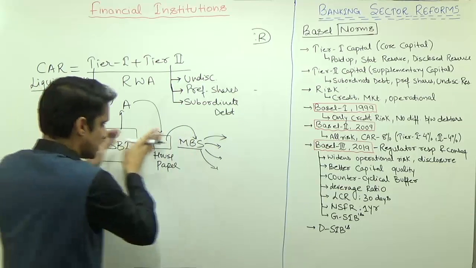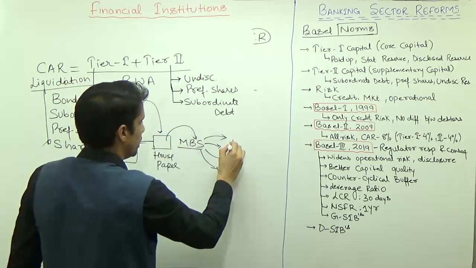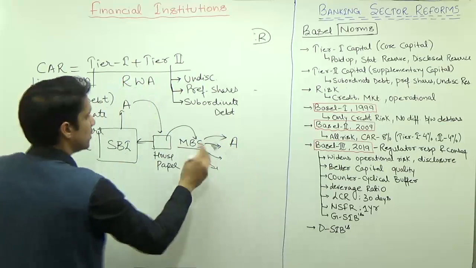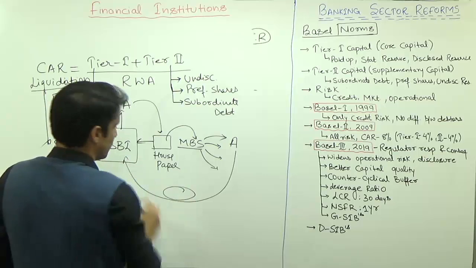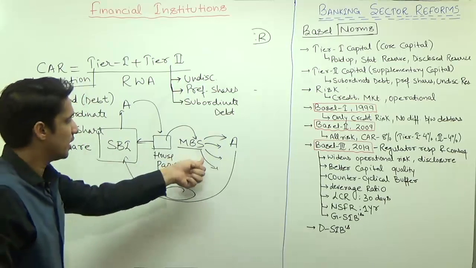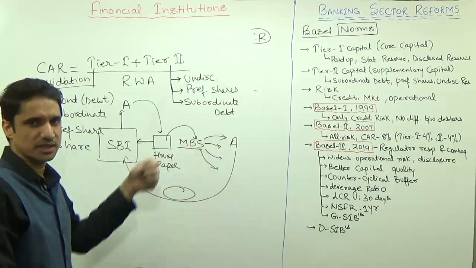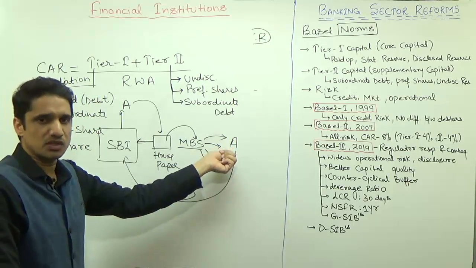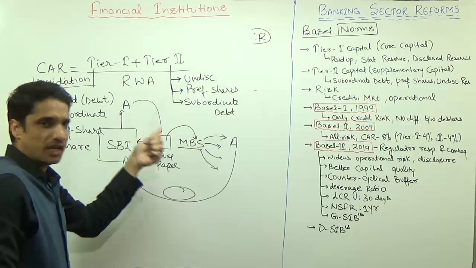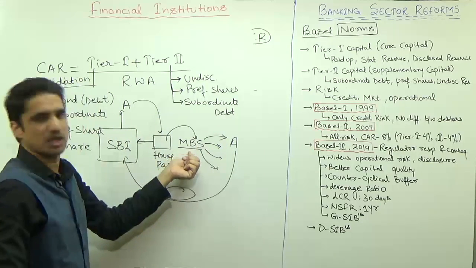So here you are selling this MBS maybe to A. In return, A is giving you some money. So this debt will get the second priority, because A has not directly invested in SBI. A has purchased a derivative security.